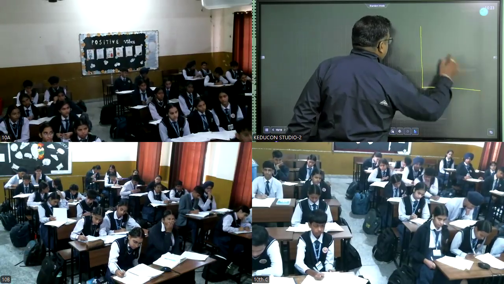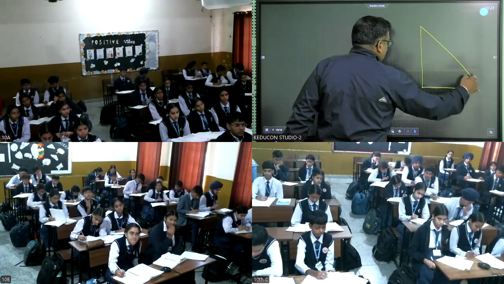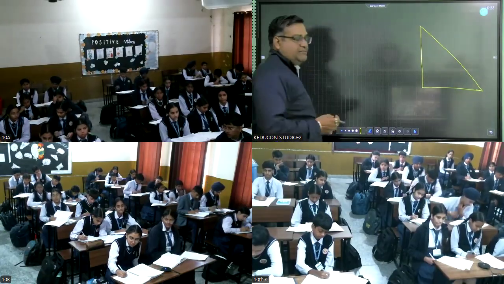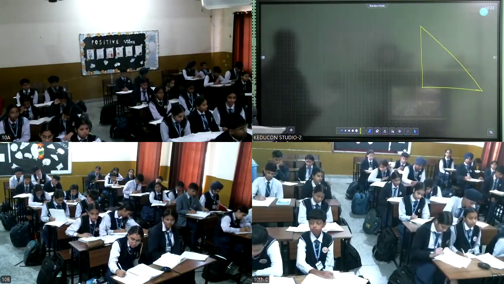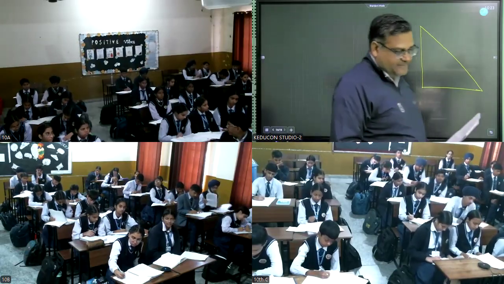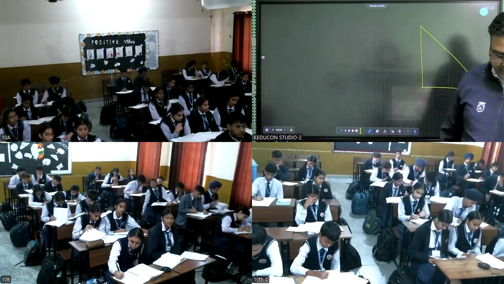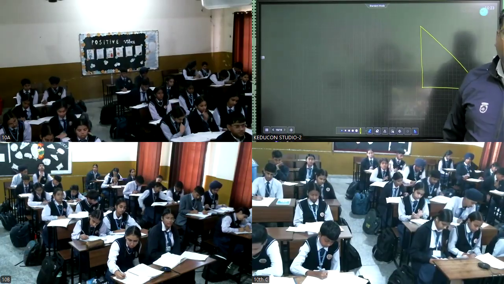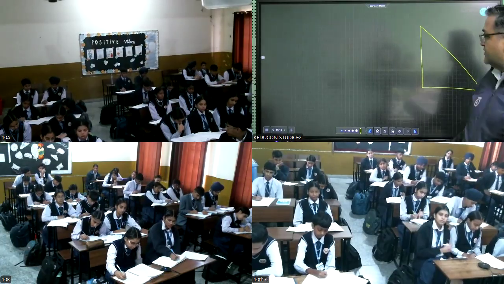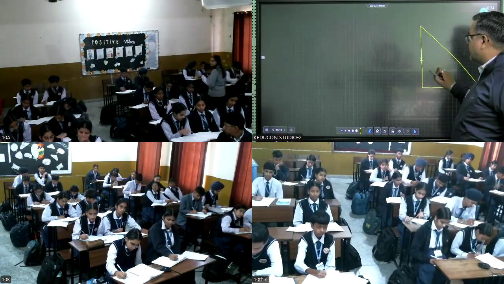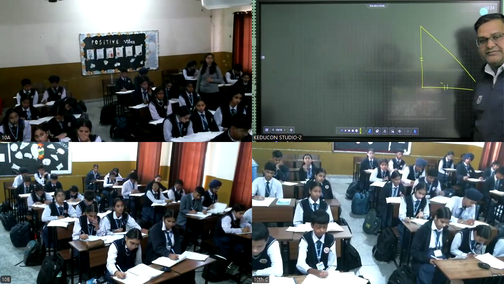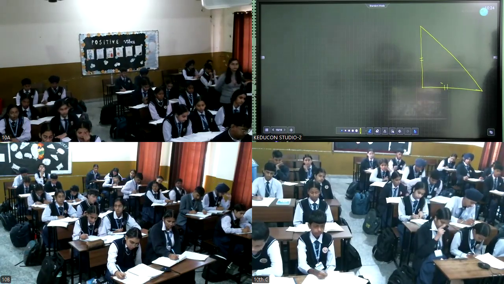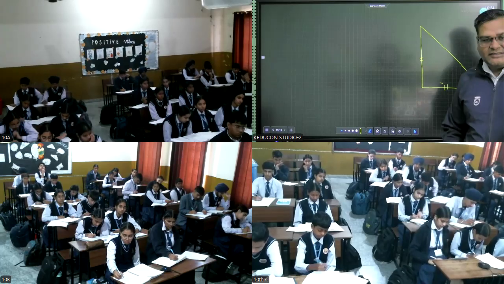See son, if it is a right angle triangle, it will obey the Pythagoras theorem, right? Another thing is, if it is a right angle triangle and isosceles also, it will be isosceles only if these two sides are equal, right? Is this clear?